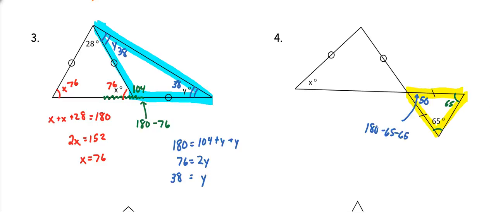And I get 50 degrees. I know that these angles are vertical angles, so they are congruent, which means this is also 50. And if x is across from a congruent leg and 50 is across from a congruent leg, they are base angles, so x equals 50 degrees as well.